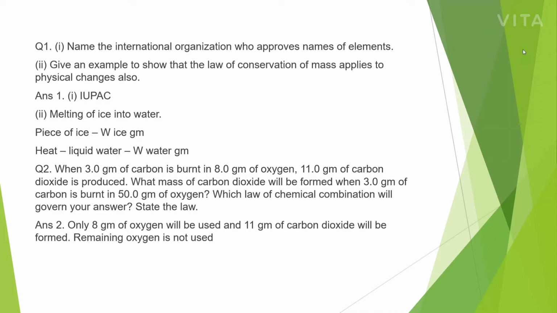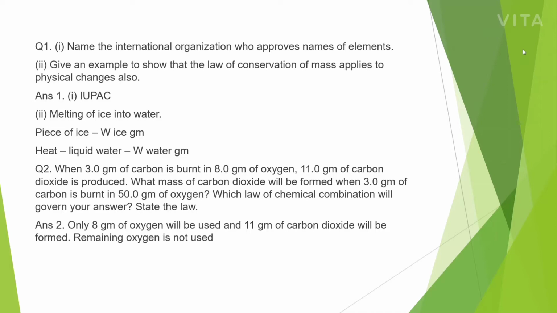So what we will do, we will take a piece of ice in a conical flask, and we will put a rubber cork on it. Now we will measure the weight of the conical flask along with the piece of ice.